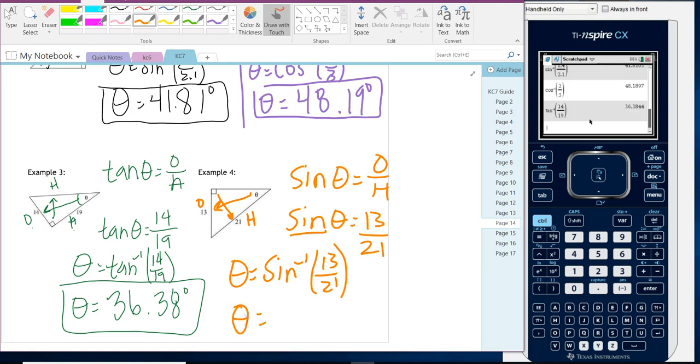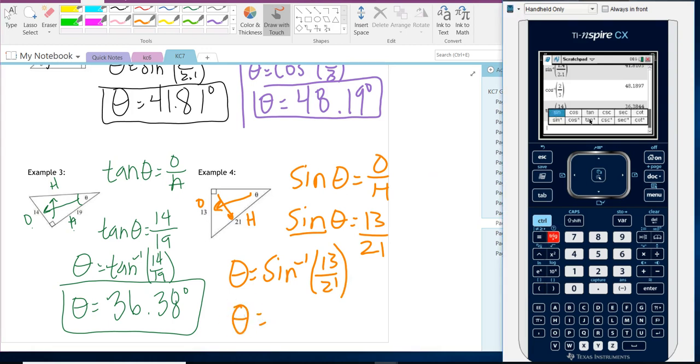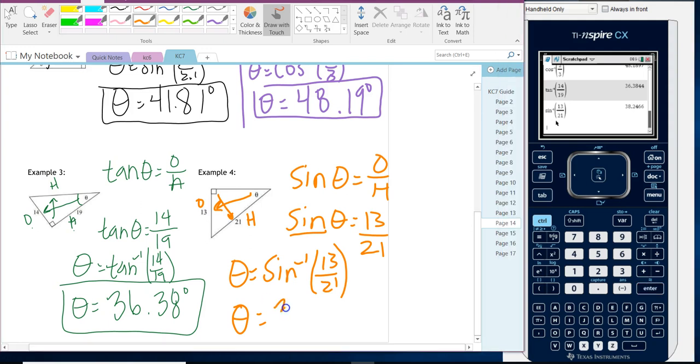I'm going to go ahead and plug that into my calculator. So sine inverse 13 divided by 21 equals 38.25 degrees, and that is my missing angle.